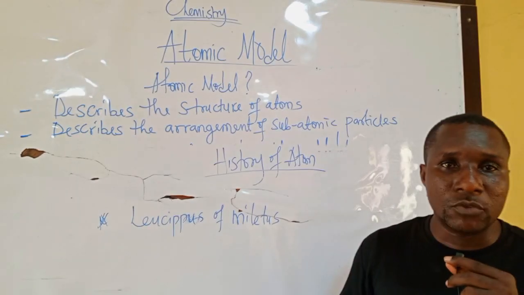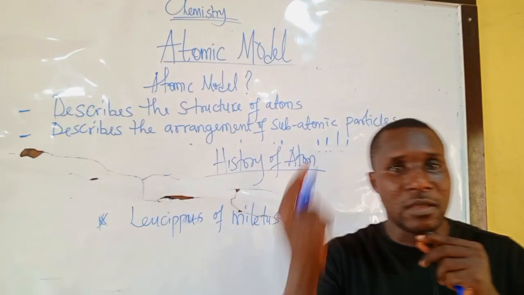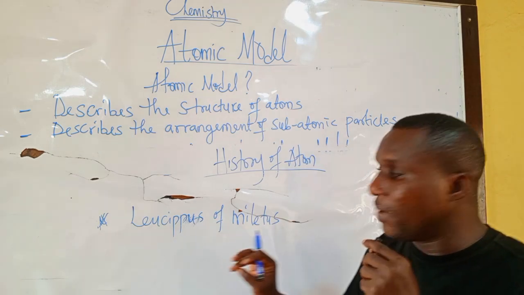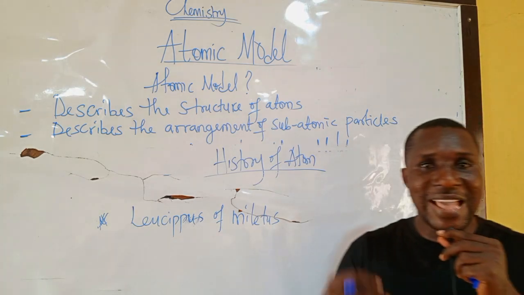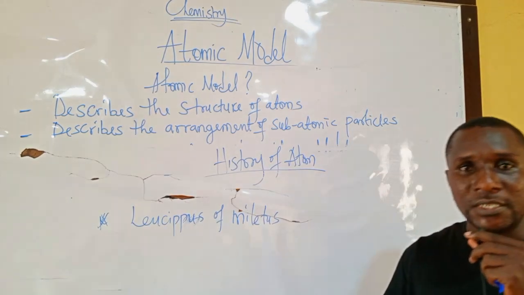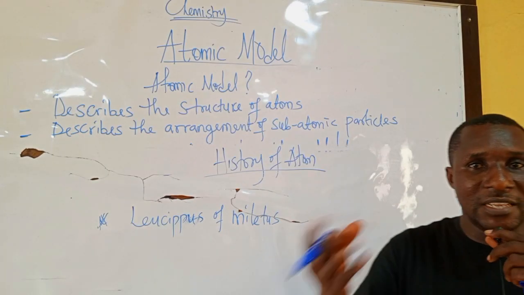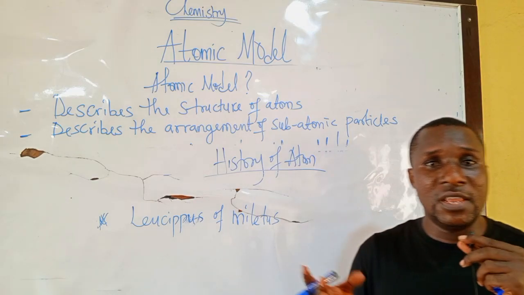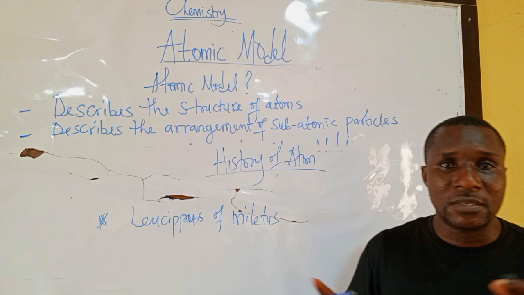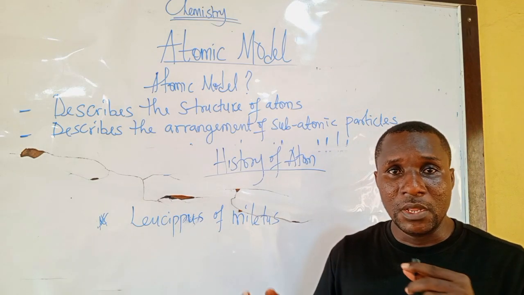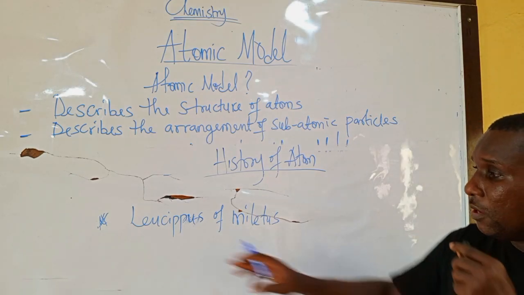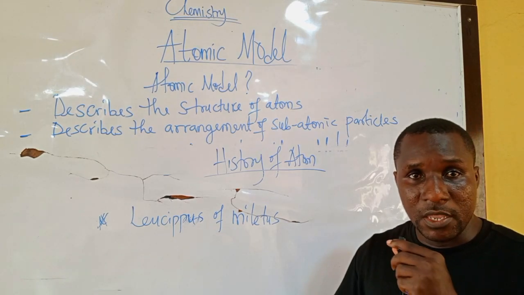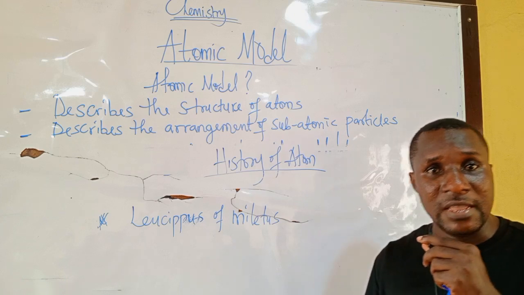He first talked about atom, that all matters are made up of atoms. But he could not establish what he said scientifically. There was no scientific evidence that all matters are made up of atoms. He came from Mystos.